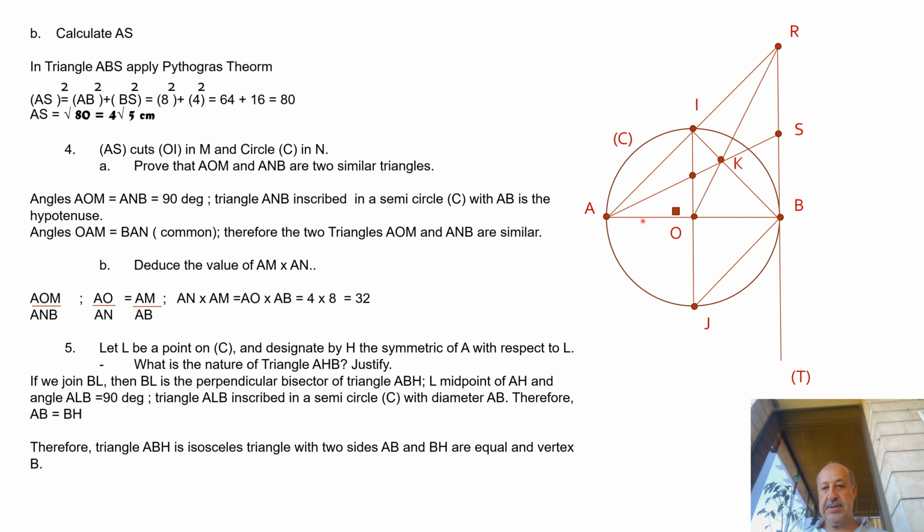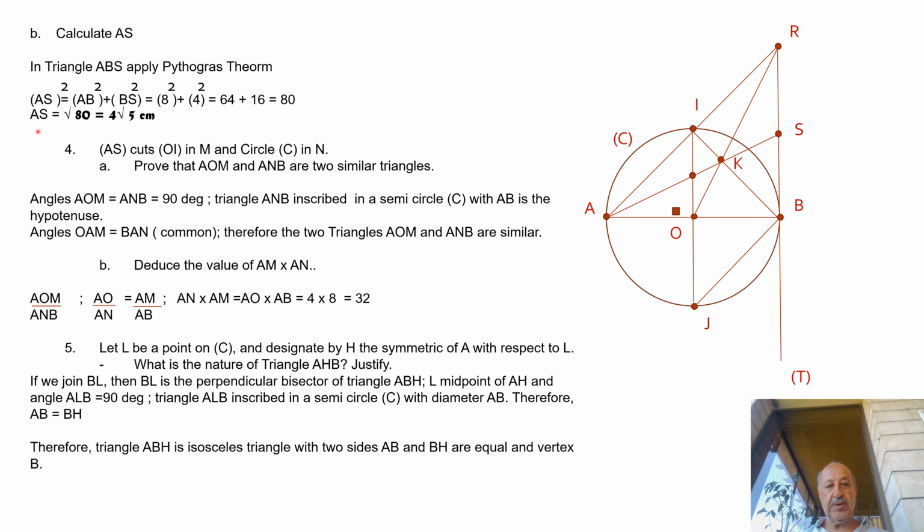So what is AB square? AB is all 8, and 8 times 8 is 64, and BS is the middle of BR, means that it is BR over 2, and it is 4. 4 squared is 16. We add them, we get 80.